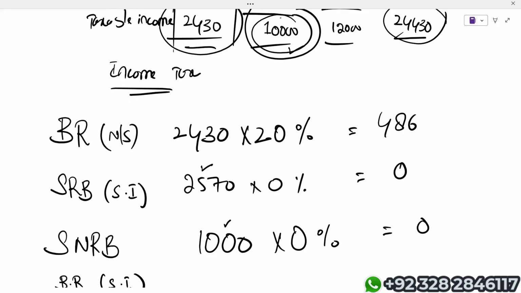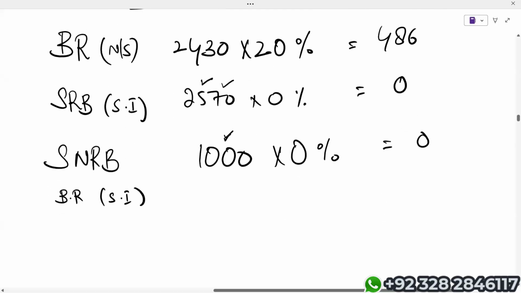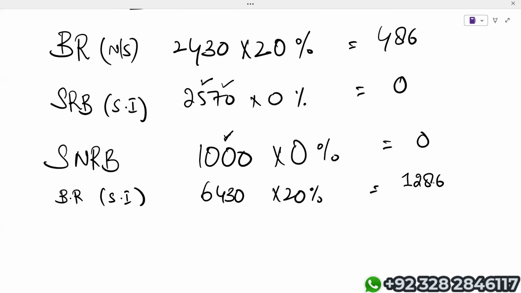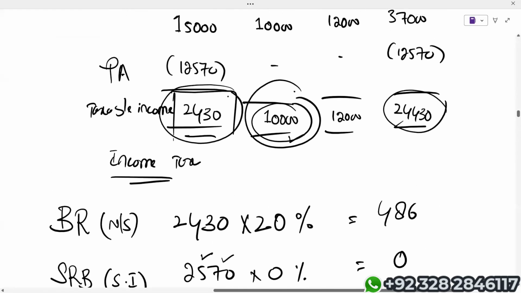I'm getting 6,430. So the remaining savings income is 6,430, which obviously falls in the basic rate band. Applicable rate is 20%. I'm getting 1,286.